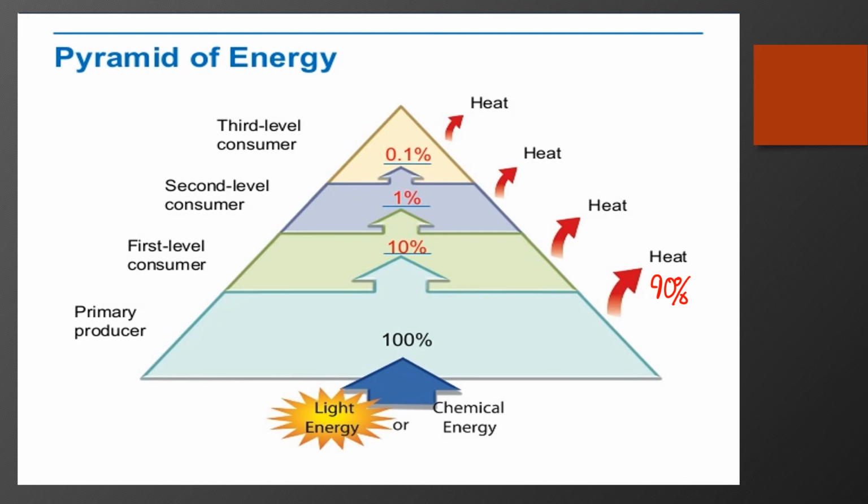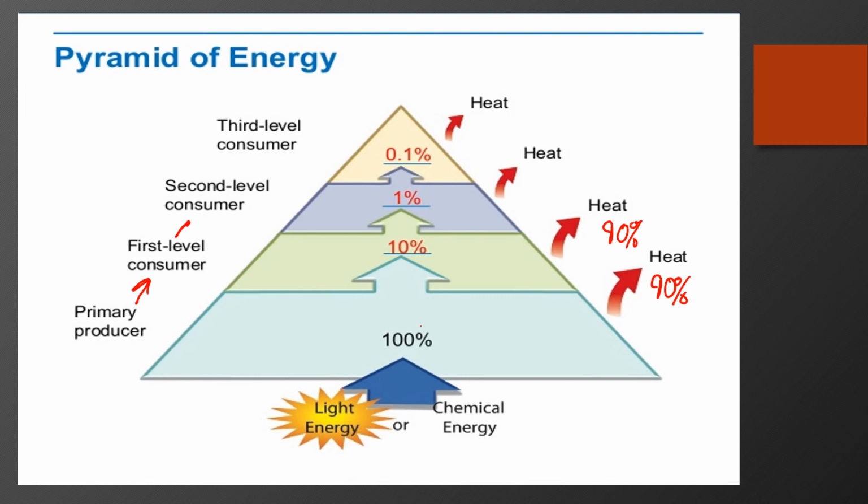And then the first level consumer, or the primary consumer, consumes the primary producer, but only gets 10% of that original amount of energy. They too will lose 90% of that in their daily functions.